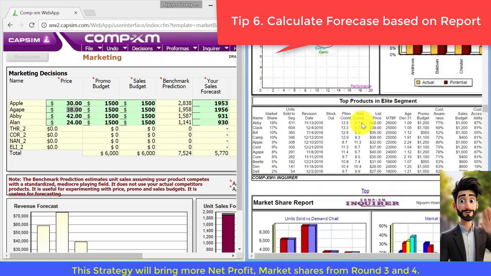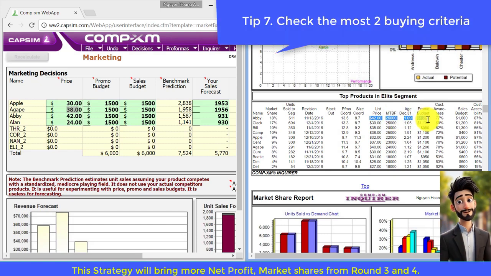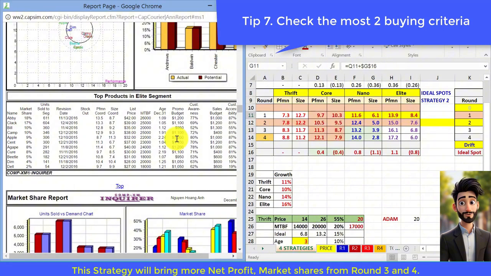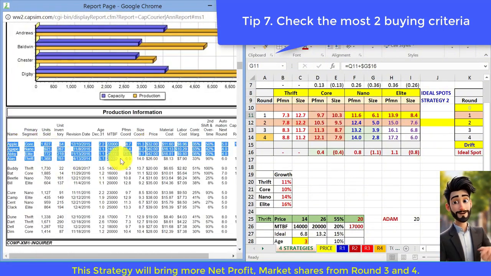Forecasting sales. This is one of the most important steps in CompXM Round 1, forecasting your unit sales. Steps: check last year's unit demand, page 4 of the ICR. Note the expected segment growth rate: Thrift, 10%; Core, 14%; Nano, 16%; Elite, 11%.